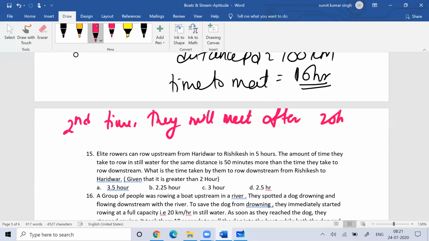After 7.5 hours they met the first time. Then it took boat P 2.5 hours to reach point B, and from there to meet boat Q, it will take another 10 hours. So they will meet the second time after 20 hours.